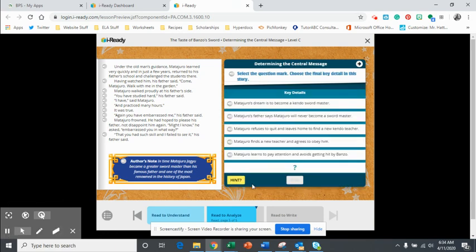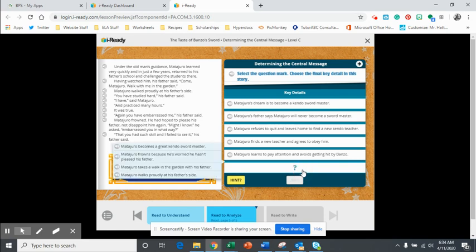All right, and then this question, it's choose the last key detail in the story. So it's kind of the chronological order as it's going along, and what is the last key detail? So remember, I told you that all of the parts of the story are important, including the author's note. So key in on the author's note and go through and pick out the one that happens last, the final detail.